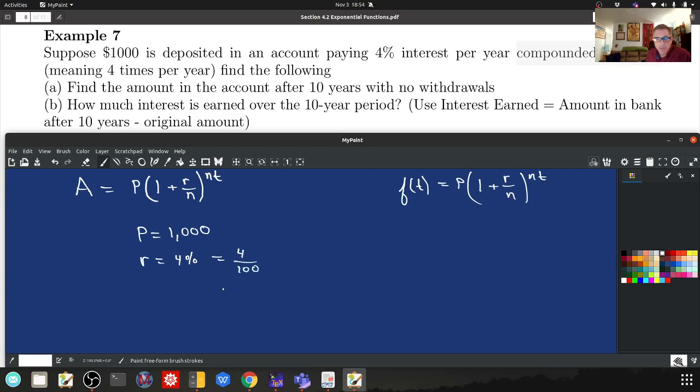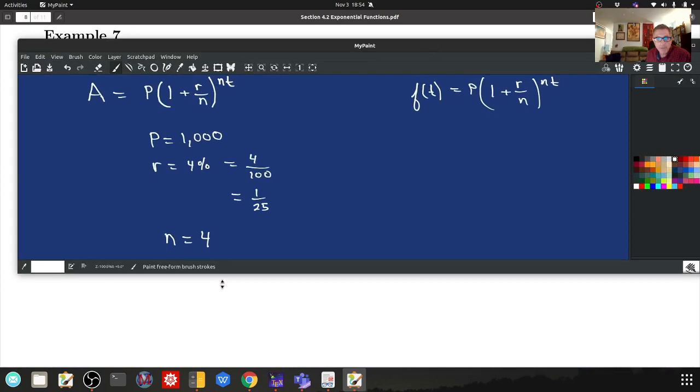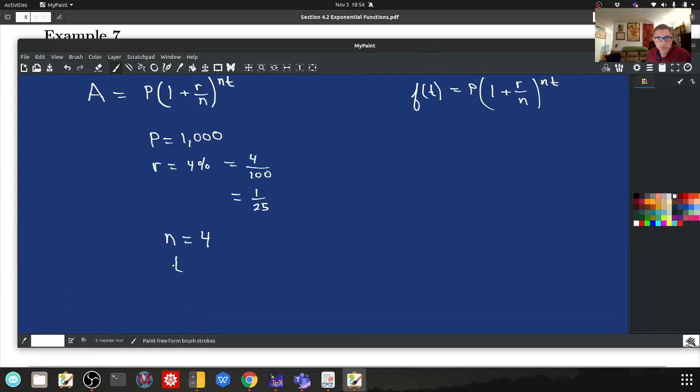If you divide it by 100 here, it's kind of nice to go ahead and simplify it, so that's 1 over 25. The number of times, n, is equal to 4. And our value of t is equal to 10 years.